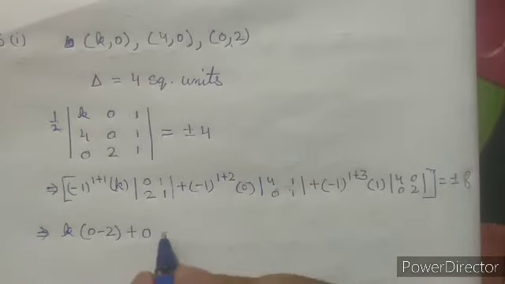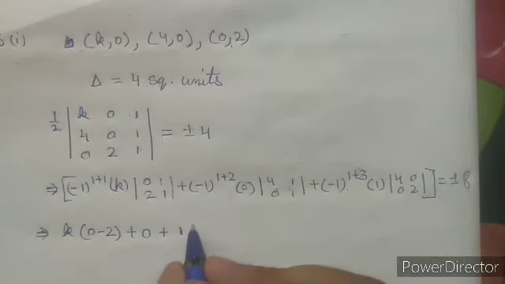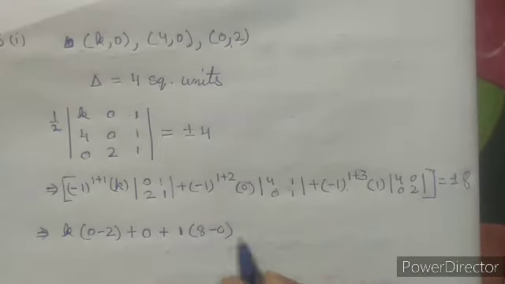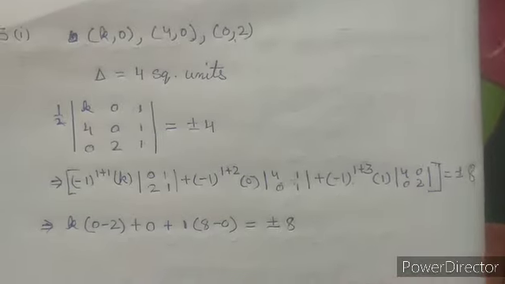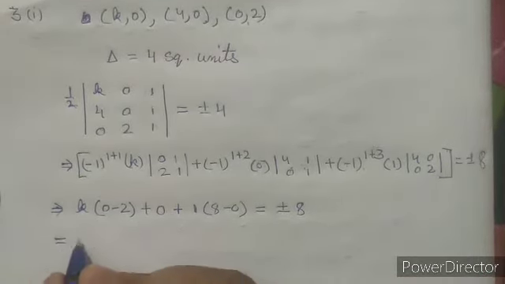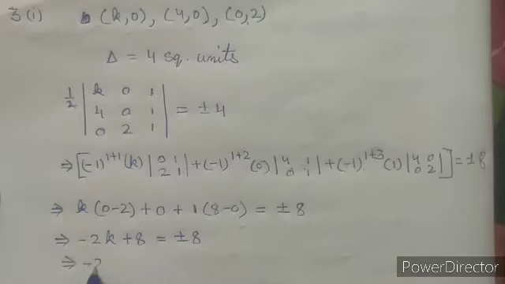Now the third part is (-1) raised to power 1 plus 3, which gives us plus 1, into the determinant of (4, 0; 0, 2), and this will be 8 minus 0, and the value of this is equal to plus minus 8. Now this will be minus 2k plus 8 is equal to plus minus 8, and that will give us minus 2k equal to plus minus 8 minus 8.